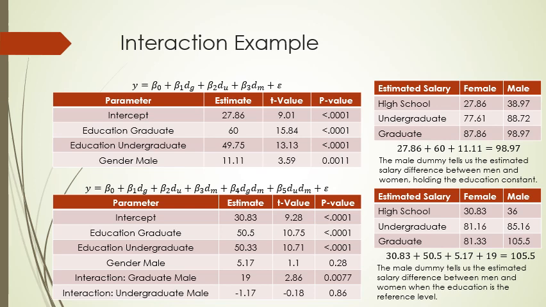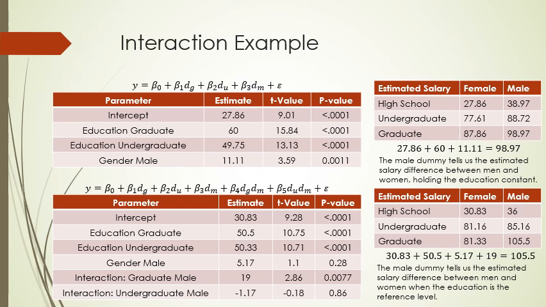The first model is the linear regression without the interaction term. Here, DG is the graduate dummy, DU is the undergraduate dummy, and DM is the male dummy. The high school level in education and the female level in gender are the reference levels. All terms are significant as discussed earlier.